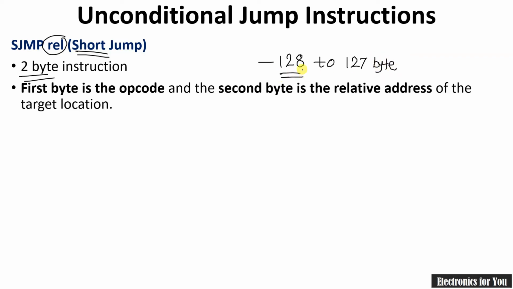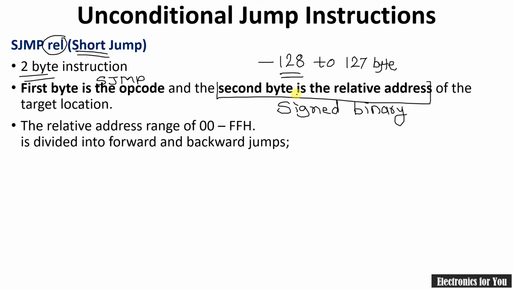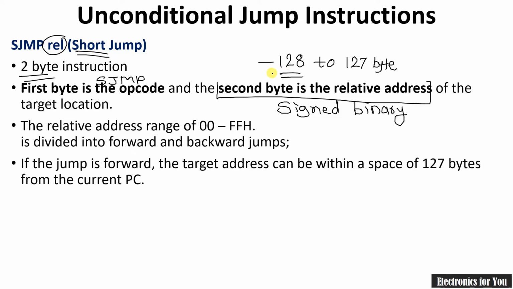Now how it is that, I will explain. The first byte is the opcode, so SJMP is our first byte here, and the second byte is the relative address, which is actually a signed binary number. Therefore it has both positive and negative values, and it can jump from -128 to +127.